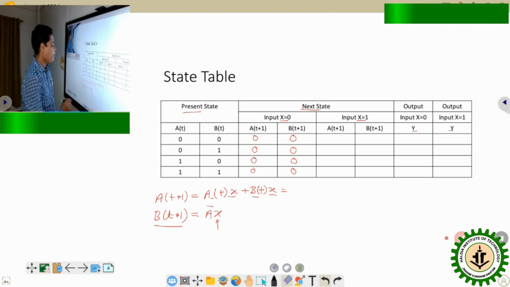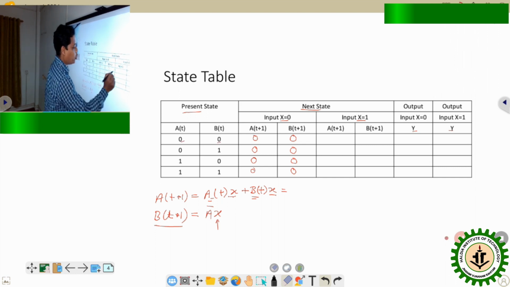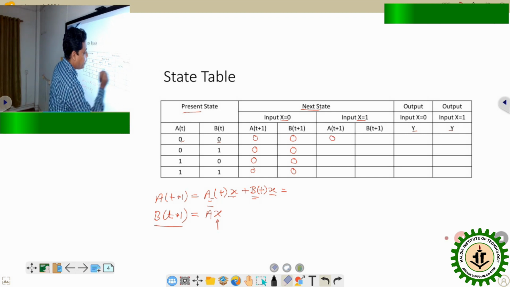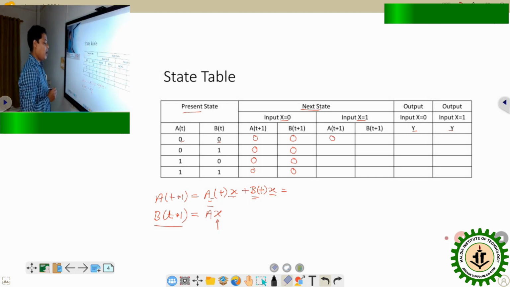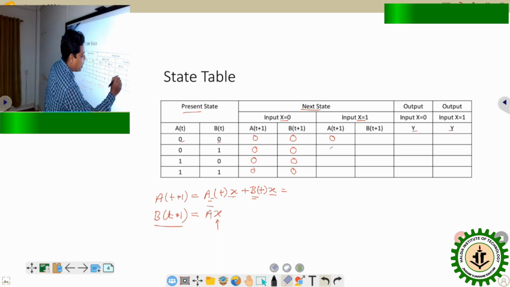Otherwise, for any other condition of the present states A(t) or B(t), it will give us the output equal to 1. So when A(t) and B(t) equal 0 0, then only A(t+1) equals 0. Otherwise, for any other situation, A(t+1) will be equal to 1.